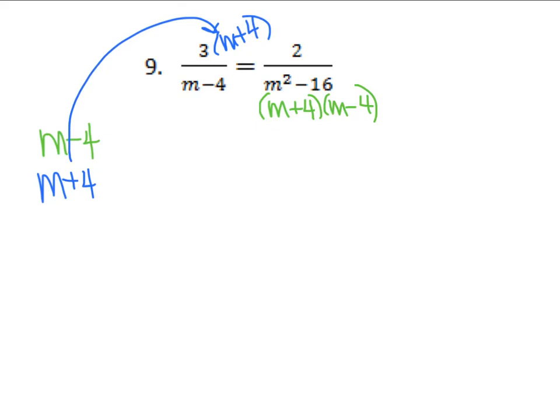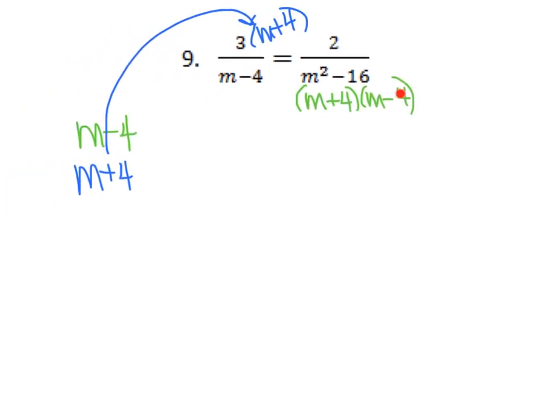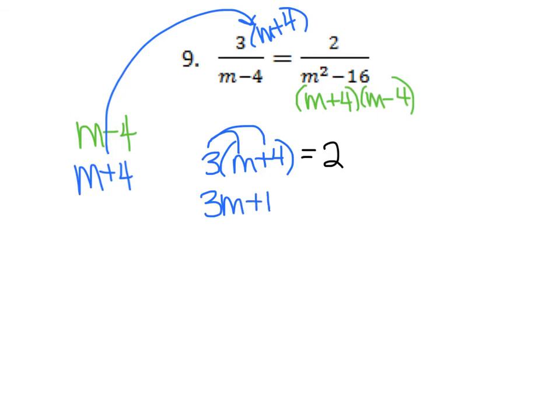The second fraction already has both, so we don't need to multiply it by anything. So I now have 3 times m plus 4 is equal to 2. Distribute my 3. So I have 3m plus 12 equals 2.